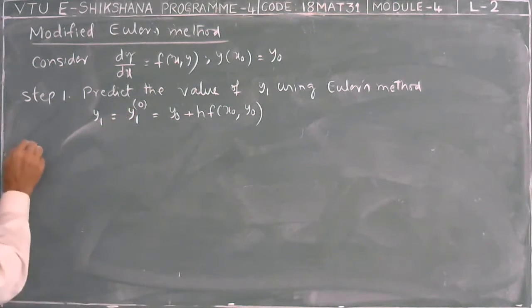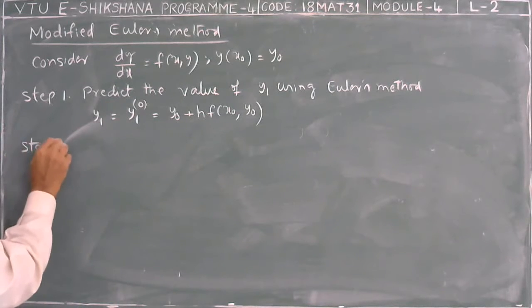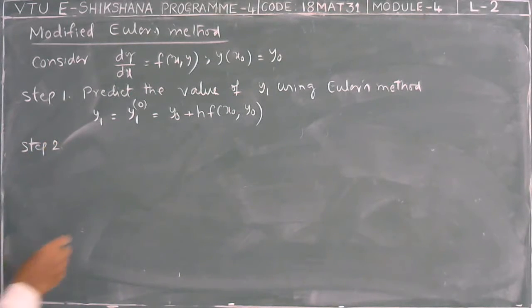Then in step 2, we correct this. This will be a true value, so we correct this one.